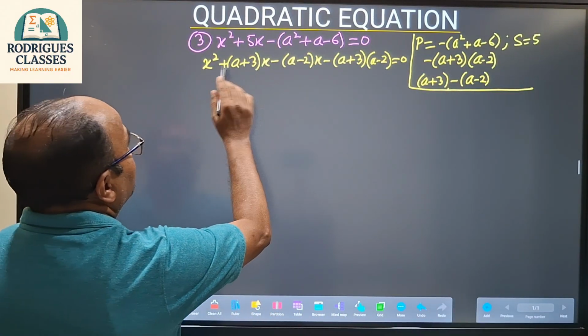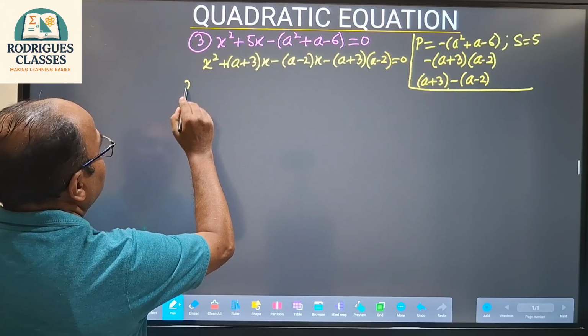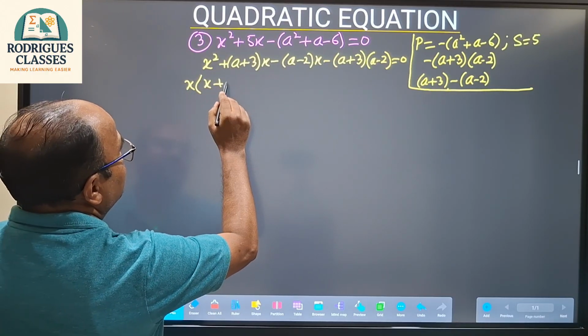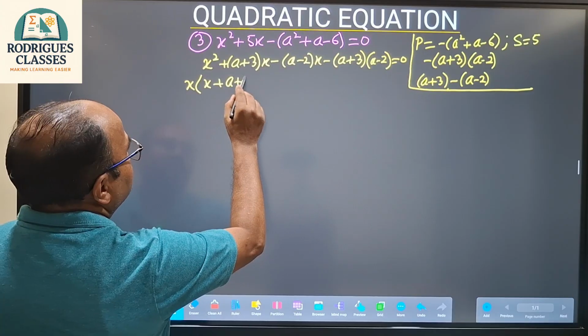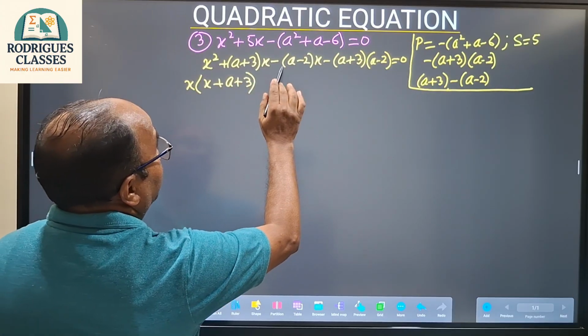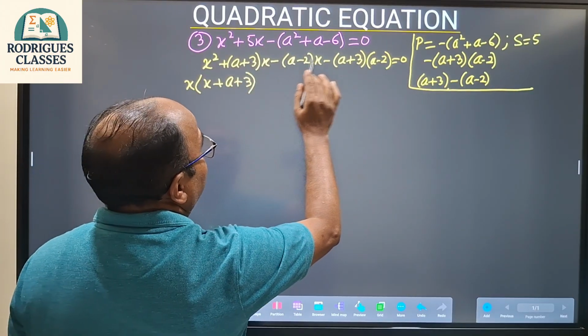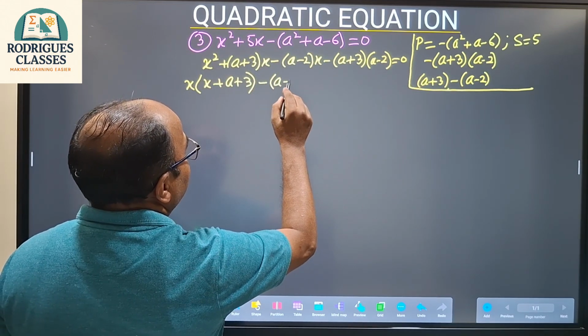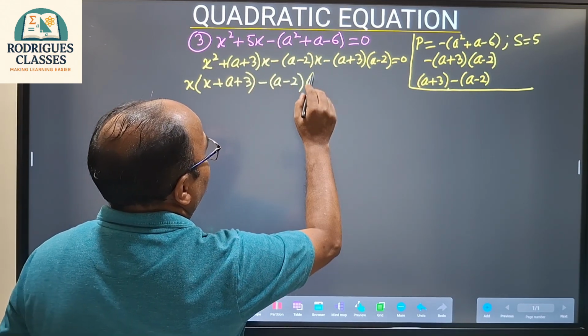Okay, so from these two I have x common. So from here x is left, plus of this is left, so a plus 3 written. Then from these two I will have a minus 2 common and also minus common. So minus of a minus 2 taken common.